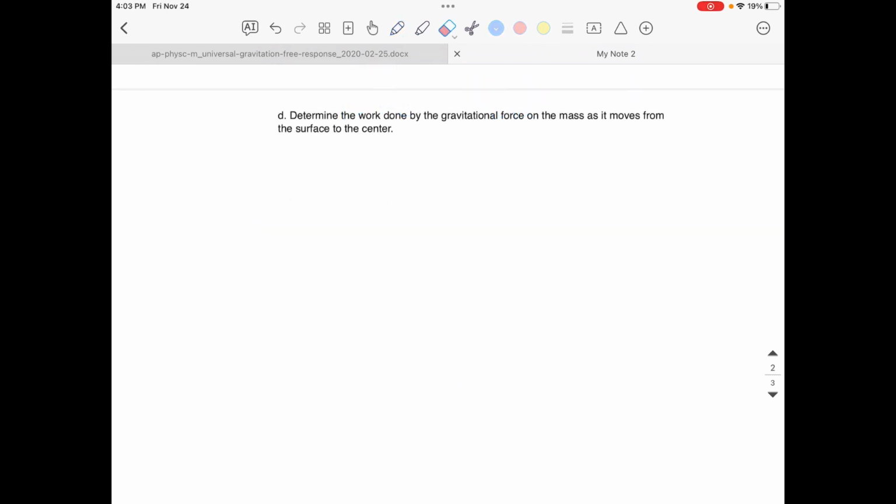Okay, so for problem part D, we are trying to find the work done by the gravitational force when it's moving from the surface to the center. And from the energy unit, we know work is equal to the integration of force dr. And we are going from the radius of the Earth to the center, 0.